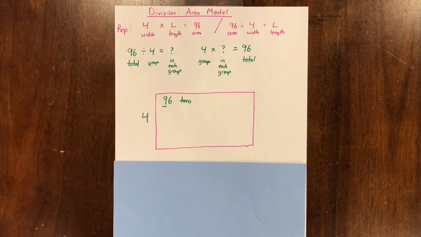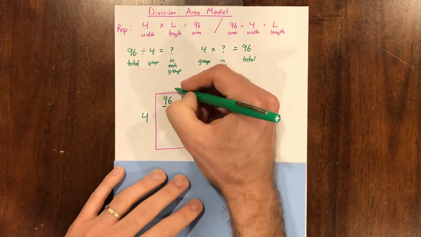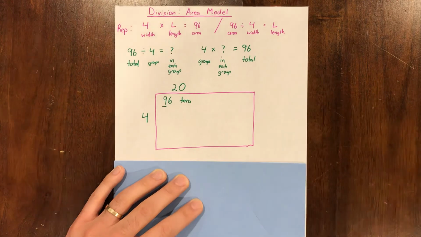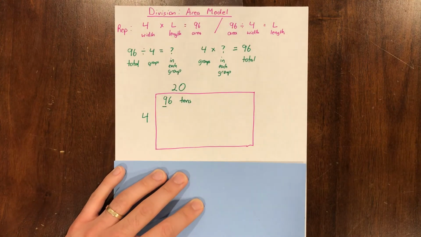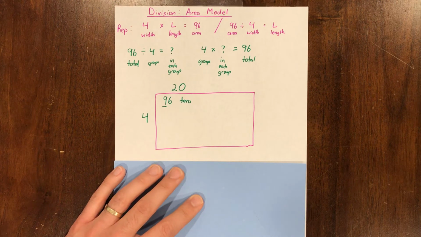Yeah, we could multiply by 20 because 4 times 20 is 80. 4 times 30 would be 120. That's too much. So I'm going to go ahead and add 20 to my unknown side length. And what should I do to show that 80 of our 96 has been accounted for now with that first factor? Go ahead and say it out loud.